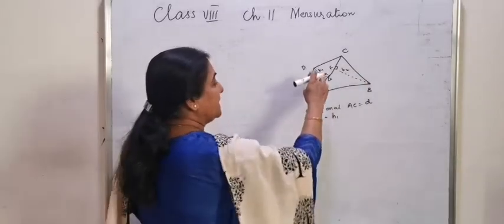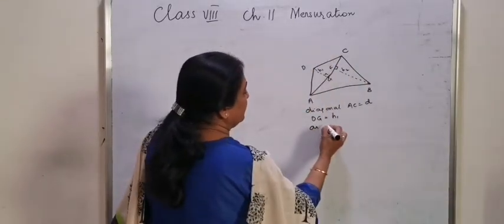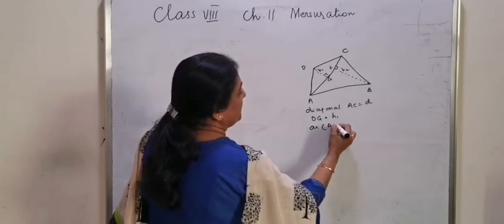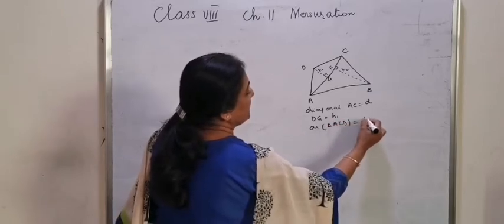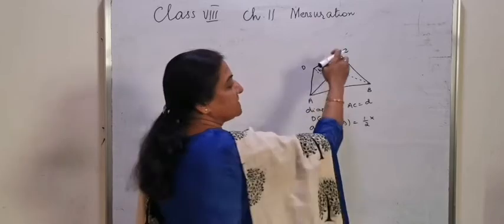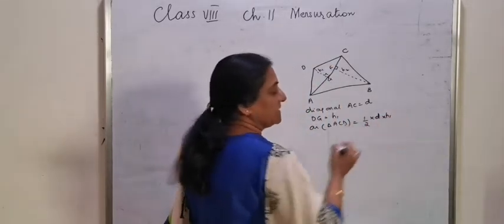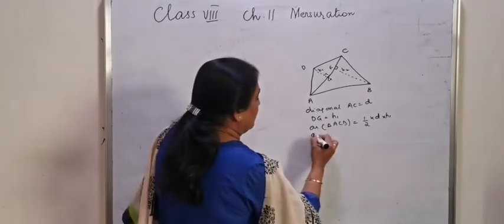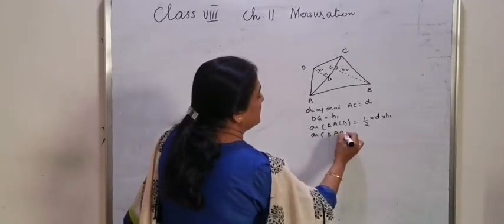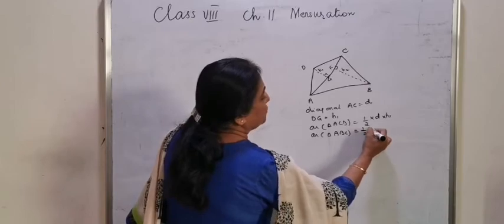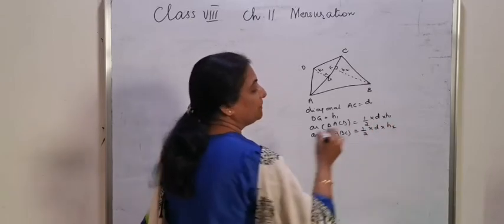Area of triangle ACD is half into the base, which is AC, that is the diagonal, into its height, which is h1. Area of triangle ABC is half into diagonal into h2.